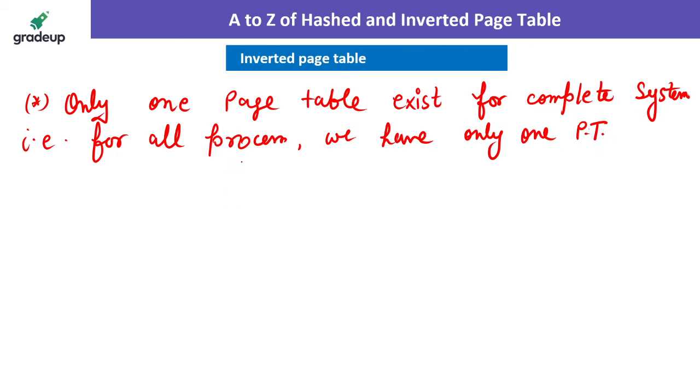Normally we have one page table for each process, but in the inverted page table we have only one page table for the entire system, for the entire main memory.